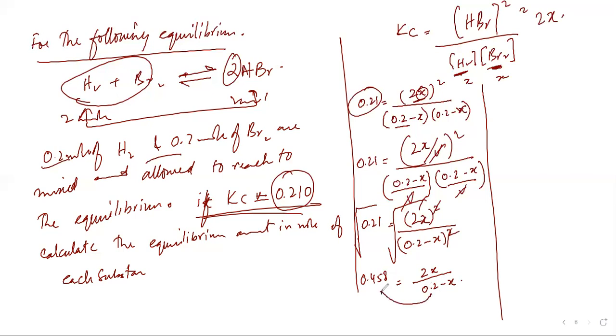Now let me cross multiply this. So this calculation goes on this side up. 0.458, 0.2 minus x is equal to 2x.